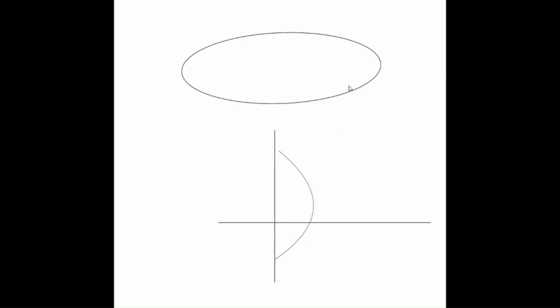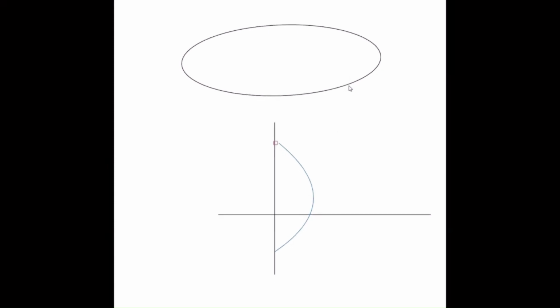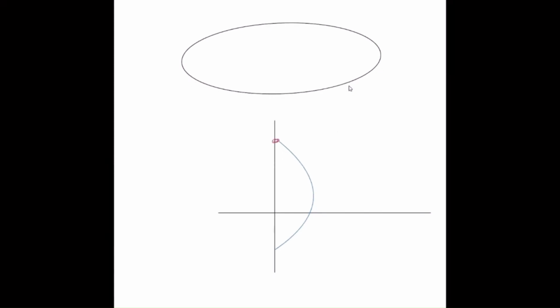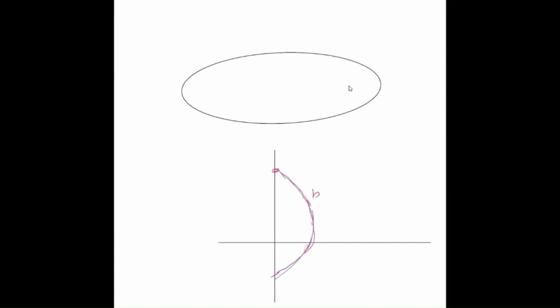Here we have what we say, this is the domain. The domain here is this boundary line and this boundary line 1, boundary line 2.